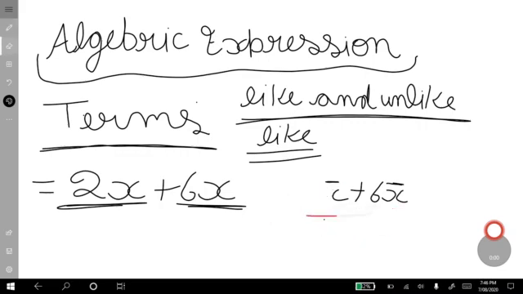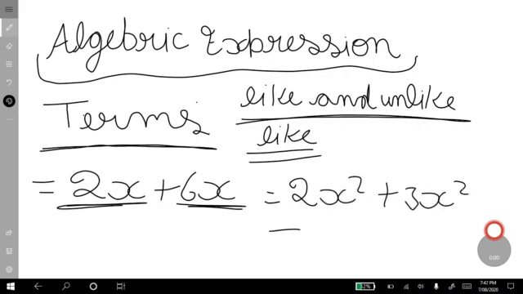Let's take another example: 2x squared plus 3x squared. Here we have x raised to the power 2 and x raised to the power 2, so they're the same. Again, we don't have to look at the numbers. It doesn't matter whether the numbers are the same or different. What matters is x raised to the power 2 and x raised to the power 2. So they are like terms.